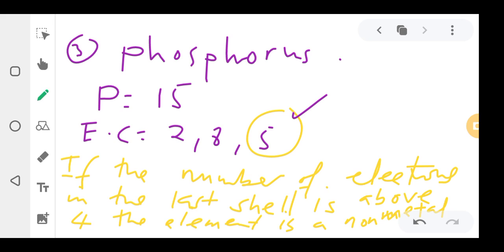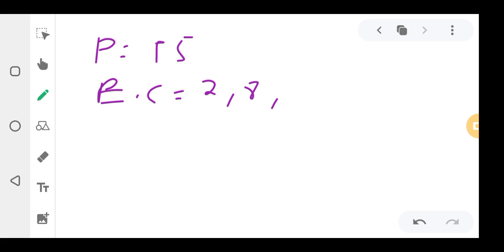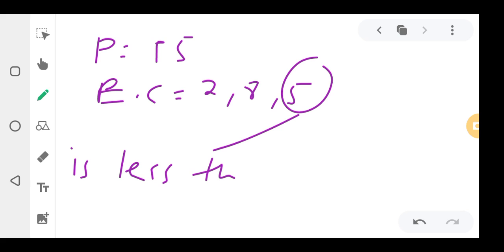Okay. So we'll say phosphorus is 15. So EC is 2,8,5. So this one, the last number is greater than 4, not less.